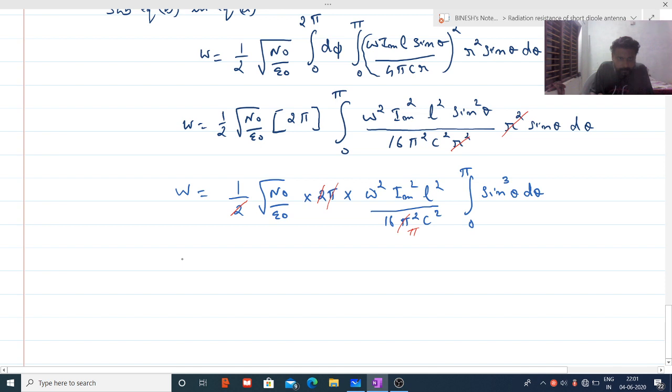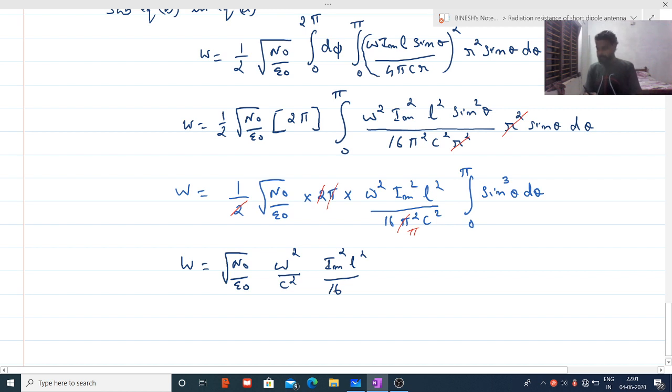So at last we can get the equation as W is nothing but root of mu naught by epsilon naught, 2 and 2 get cancelled, it will be omega square by c square, Im square L square divided by 16 pi, into integral 0 to pi sine cube theta d theta.